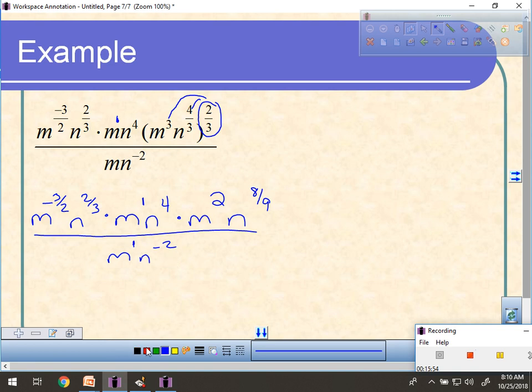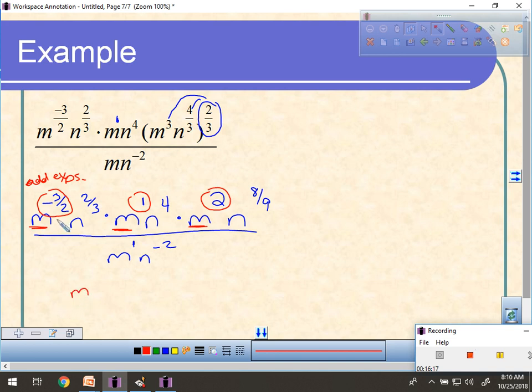And so that's what I've got so far, and I'm going to change colors now. I'm not going to mess with what's in the denominator yet, because right now, in the top, I'm going to go ahead and add my exponents, and I've got a lot going on here. So I'm going to start with the m's first. So m: this is negative 3/2 plus 1 plus 2.